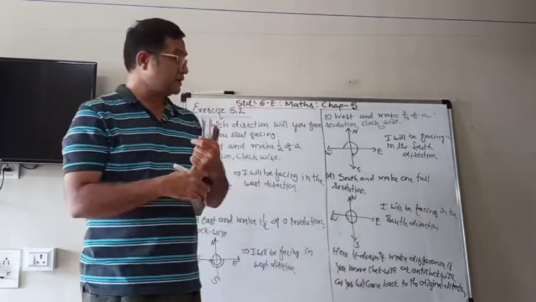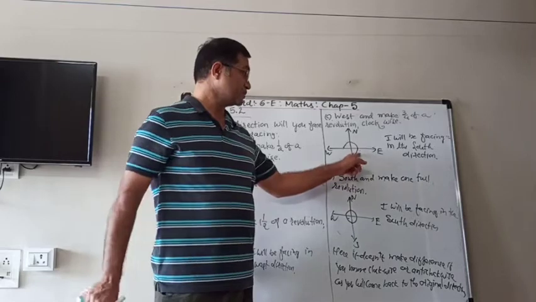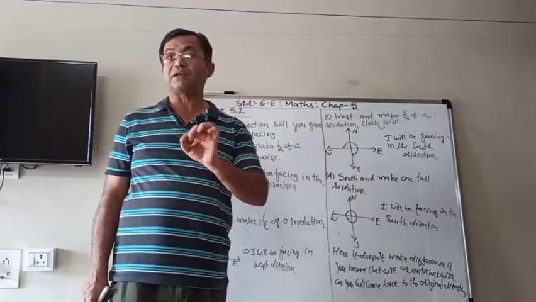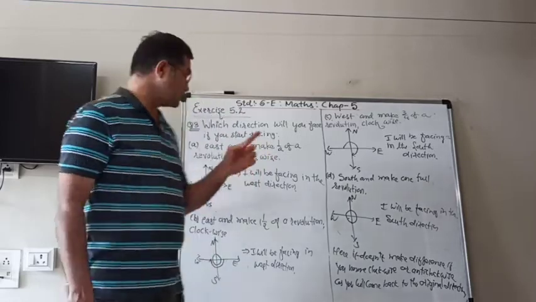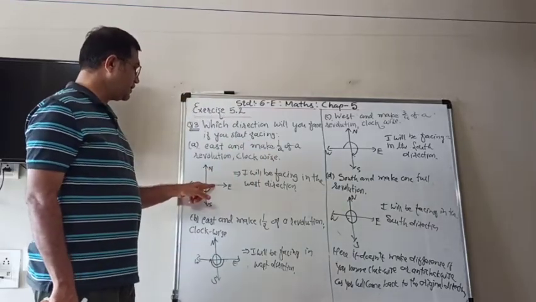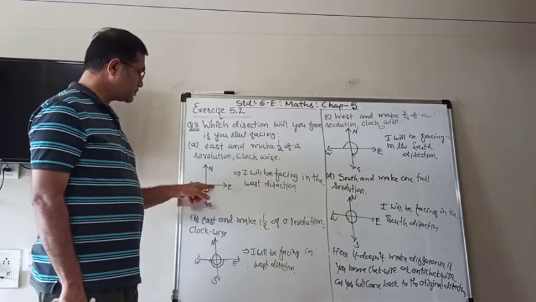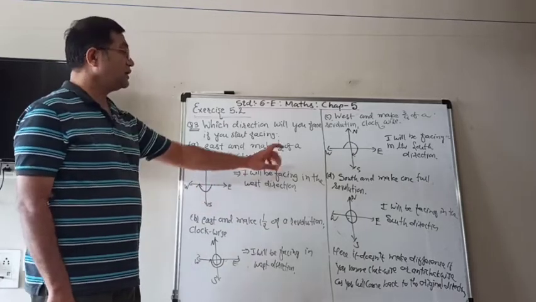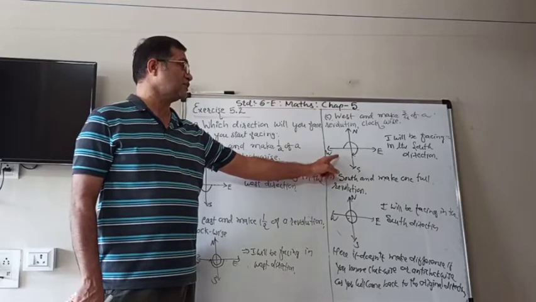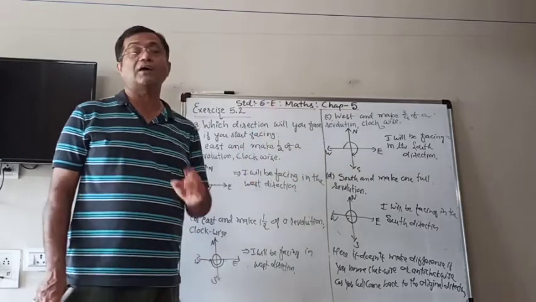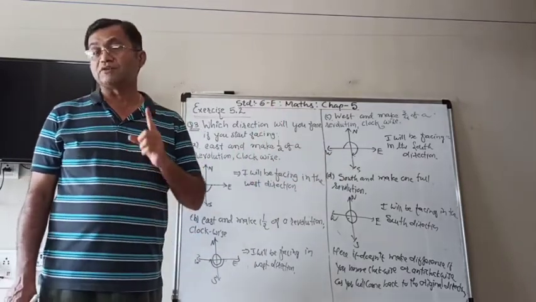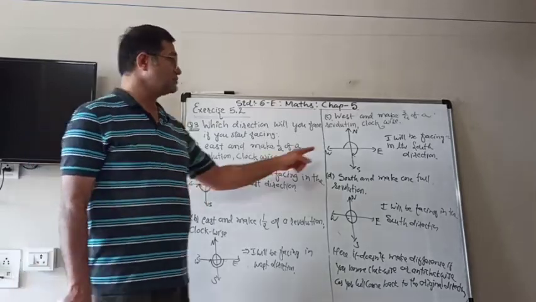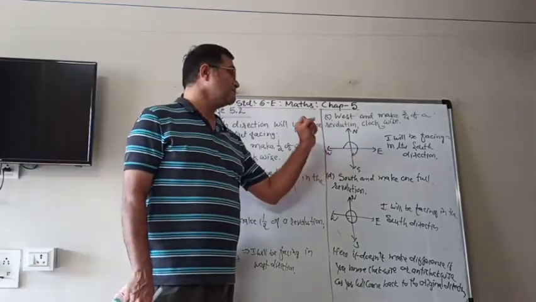But in all the situations above, it is necessary to give clockwise or anti-clockwise, because especially with 3/4 and 1/4 revolution, they must give clockwise or anti-clockwise, as that will make a big difference.